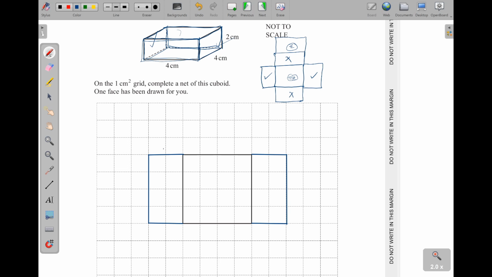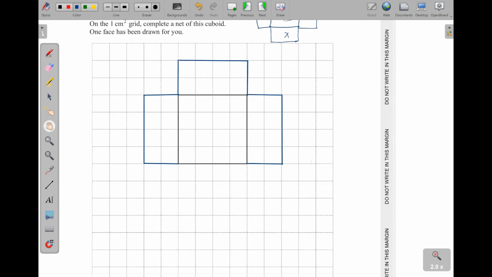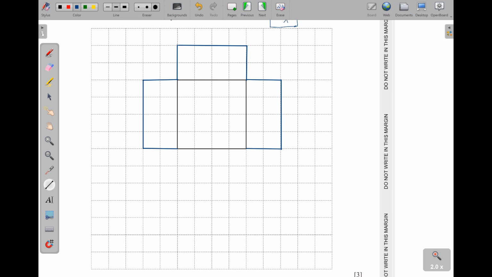What is here must be the same as what we put here, such that when you fold, they fit onto each other. So we are going to have 2 here, then like this, and then we go down that face we have put up.